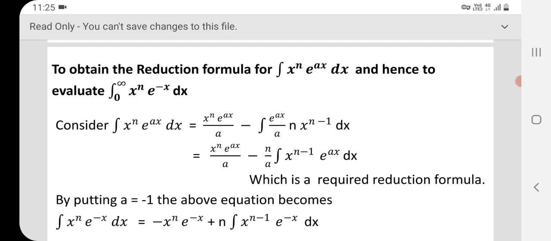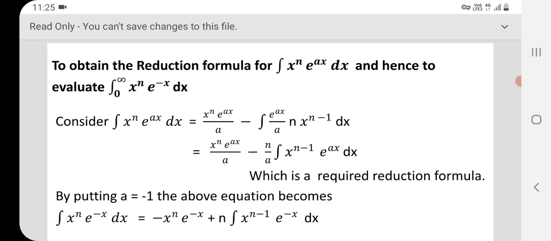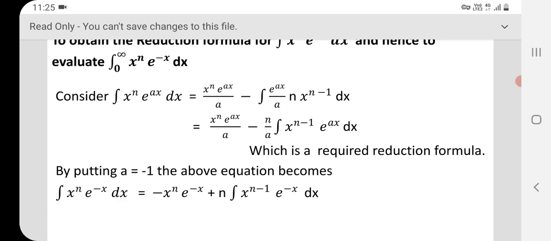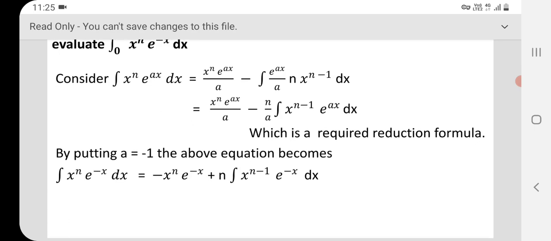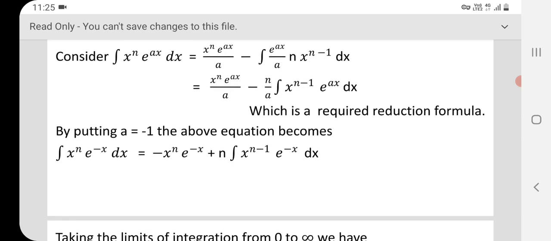Therefore, integration equals x power n into e power ax by a, minus integration of the second function into the derivative of the first function, that is n into x power n minus 1, with respect to x. Here n and a are positive constants. I will take n by a outside, then the remaining is integration of x power n minus 1 into e power ax with respect to x, which is the required reduction formula.